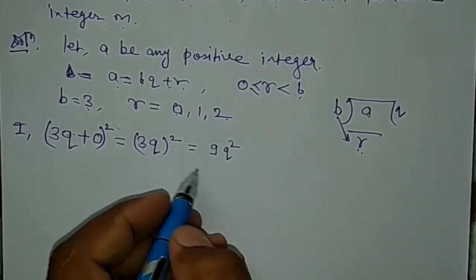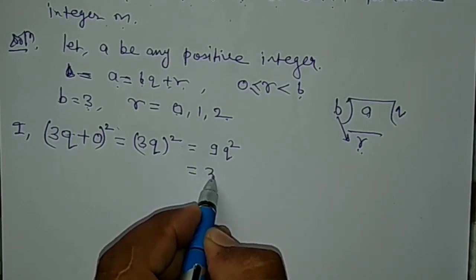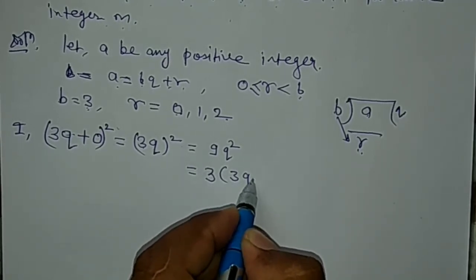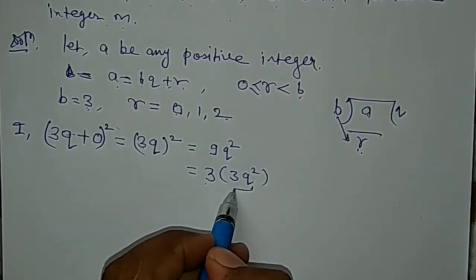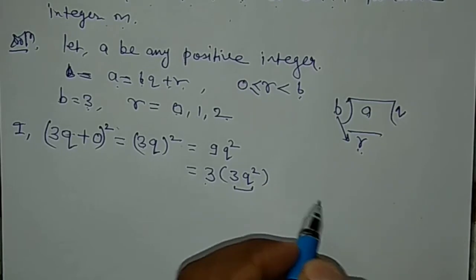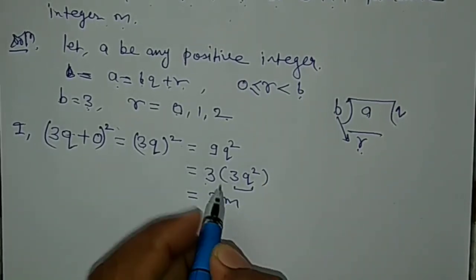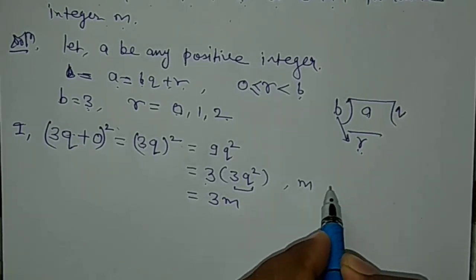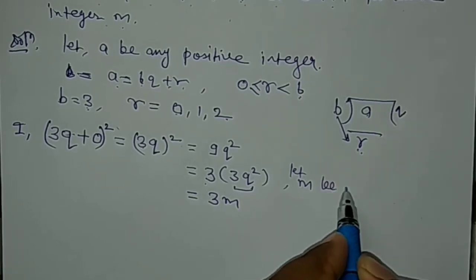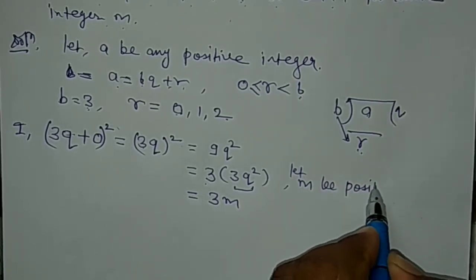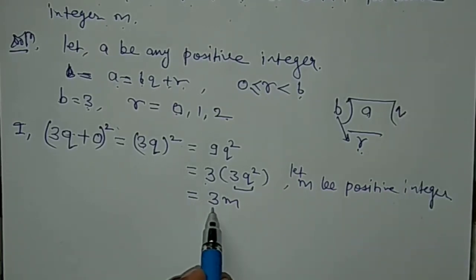We write this as a multiple of 3, because we have to write in the form of 3, so 3 into q square. It is a multiple of 3, so I am supposing this number as m, so let m be any positive integer. So we can write 3m.